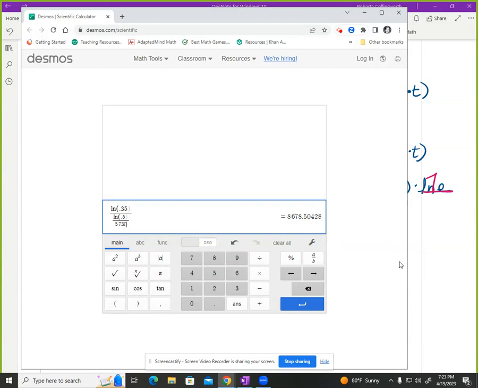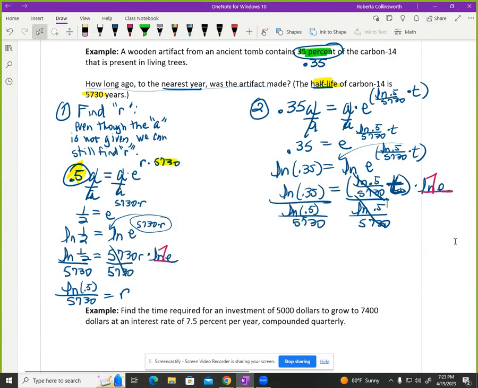And I get 8,678 and a half years. It says to round to the nearest year, so I would round that up to 9. So 8,679 years.